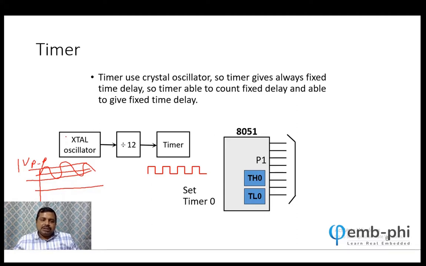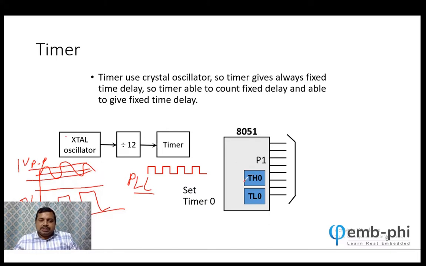That crystal oscillator signal is passed through the PLL. What is PLL? PLL is phase locked loop. As soon as this signal moves to the PLL, it becomes like this: 5 volt, 0 volt, like that. So your 1 volt peak to peak sinusoidal kind of signal becomes a square wave of 5 volt.